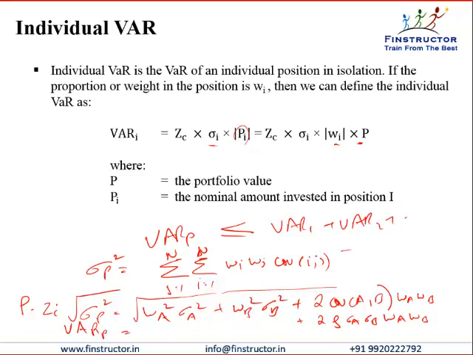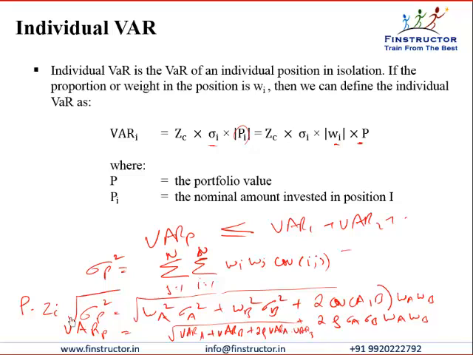So it can be proven that the VaR for a 2 asset portfolio will be given as the VaR of asset A plus the VaR of asset B plus 2 into the correlation into the VaR of A into the VaR of B.